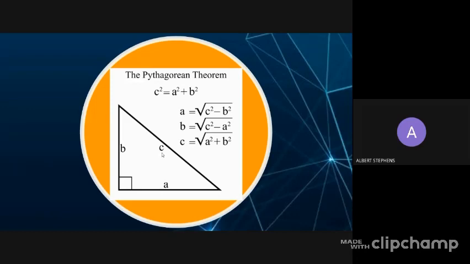So what Pythagoras was saying, if you sum the squares of the two short sides, A and B, that will give you the square of the longest side.